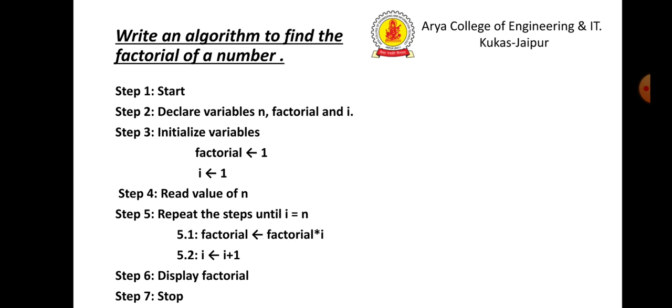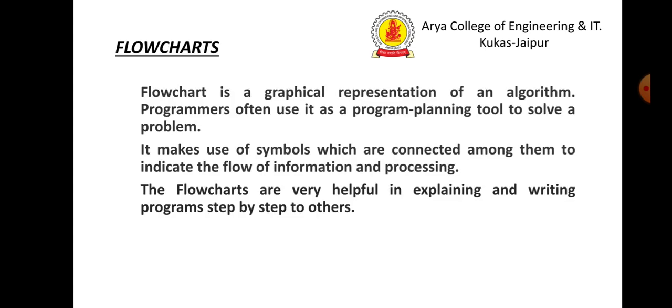Now see step 5: basically in the loop two steps execute, factorial is equal to factorial into i, and i plus plus. These both steps run in the loop, so we write them as 5.1 and 5.2. Then step 6 display factorial and then step 7 stop.